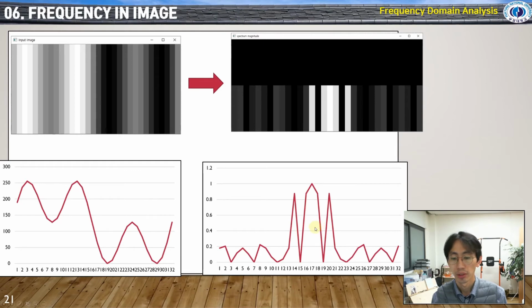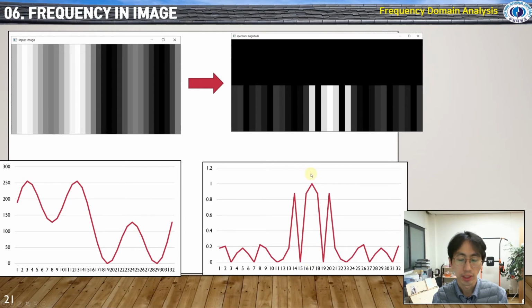And when it goes to the right, as it increases, the higher value on the x-axis denotes higher frequency. Also, when the value x decreases from 17 to 1, it also means the frequency increases.